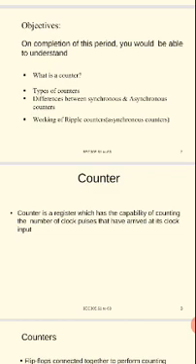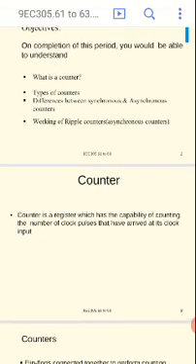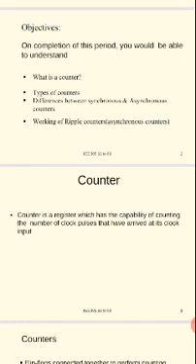On completion of this period you would be able to understand what is counter, types of counters, difference between synchronous and asynchronous counters, and working of ripple counter. These topics we are going to discuss.